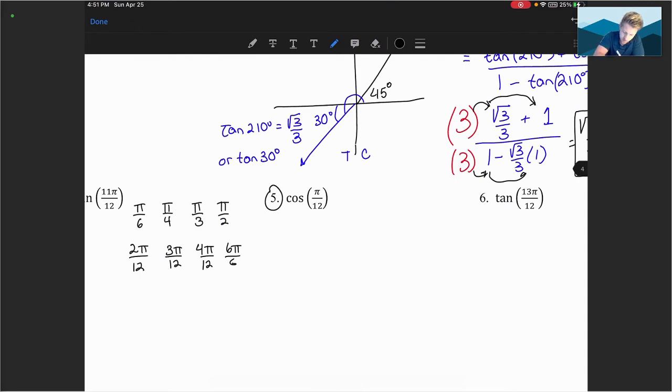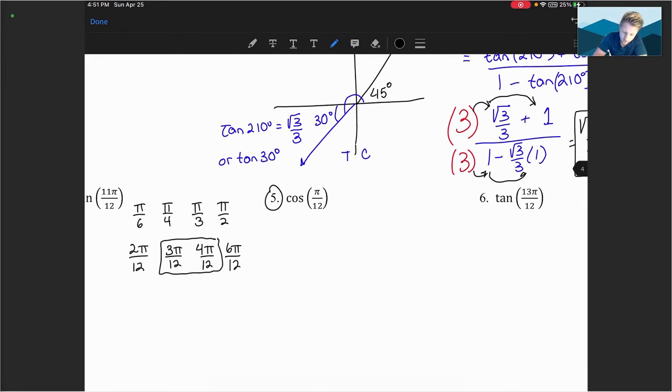Looking at them in this fashion can give us a good idea of what combination we're going to need for a pi over 12. It looks like 3 pi over 12 and 4 pi over 12, if I subtract them, their difference is going to be a pi over 12.